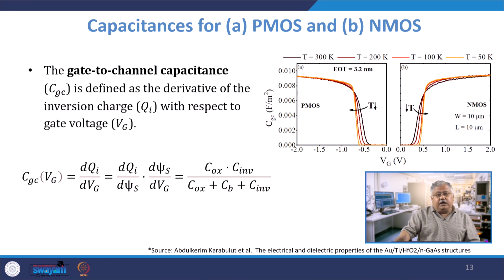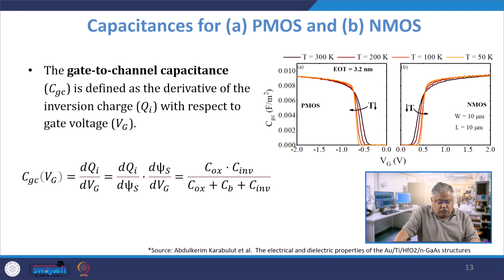Now, let us enumerate on the PMOS and NMOS CV characteristics to a larger extent. So, we are trying to find out CGC, the gate to channel capacitance, and as I told you, it depends upon the differential of the inversion charge with respect to the gate voltage.